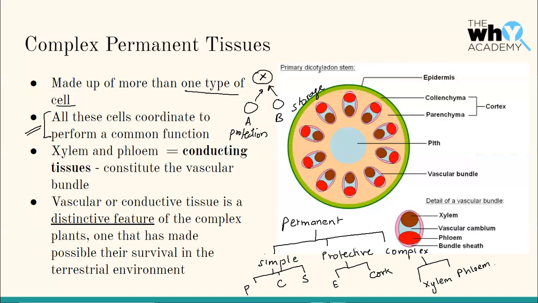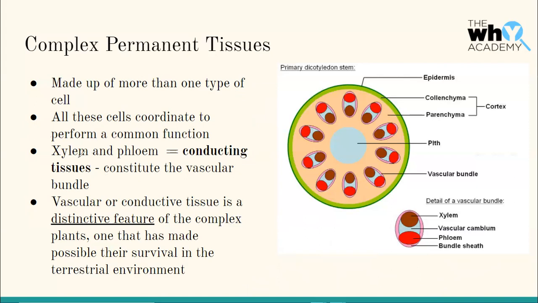Let me erase this. Yes. So xylem and phloem are the two tissues which fall under complex permanent. They are also called conducting tissues, right? Why conducting? Because they conduct food and water, right? And they constitute something called a vascular bundle.